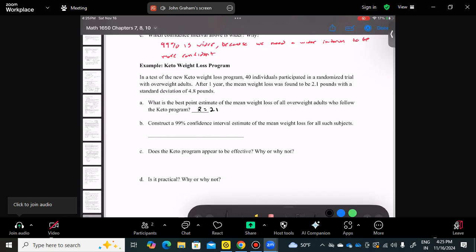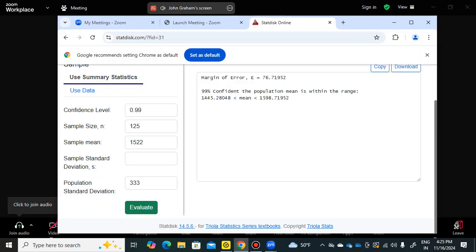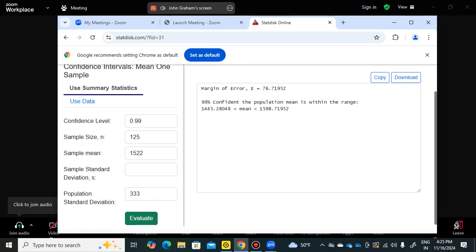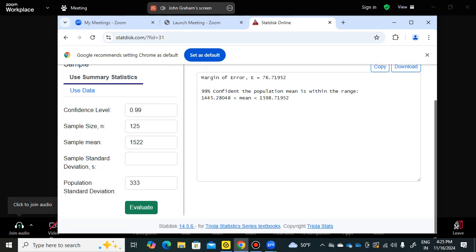Okay. We want to construct a 99% confidence interval for the mean weight loss. So we're looking at the mean, so we have mean on sample. Confidence interval is 99%. 40 individuals is our sample size. Sample mean is 2.1.